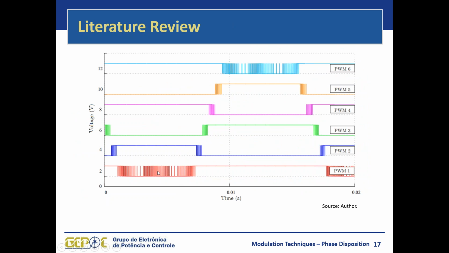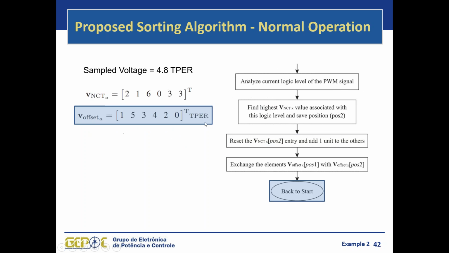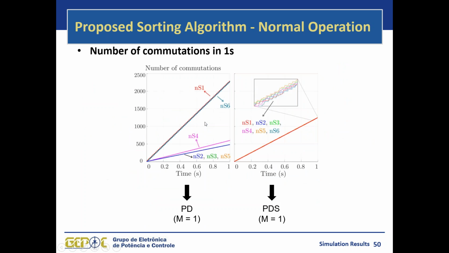They obviously have a larger number of commutations than the other switches that are in the middle. We can see exactly this behavior in this slide. Those upper and lower switches switch much more than the intermediate switches. And for the proposed PDS modulation, all 6 switches have a very similar number of commutations throughout 1 second.